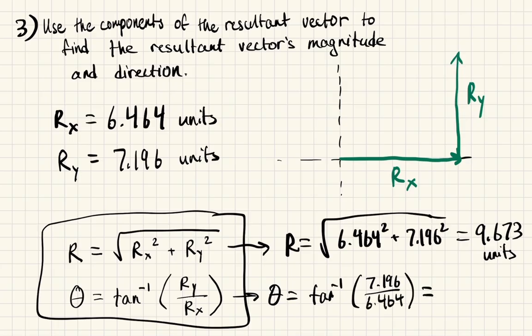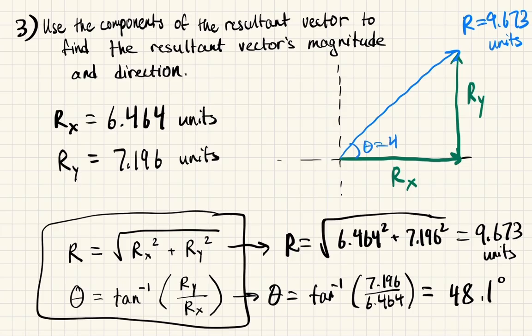And that gives us 48.1 degrees. Okay, and so what that means is that our resultant vector, which is the vector sum of vector A and vector B, has a magnitude of 9.673 units, and our direction is going to be 48.1 degrees above the horizontal.